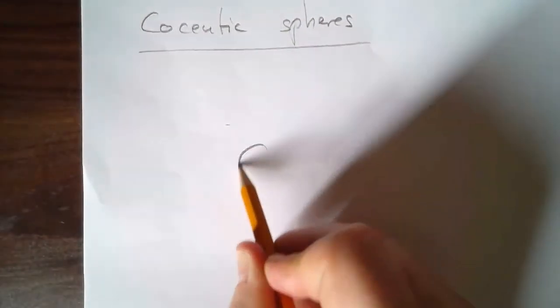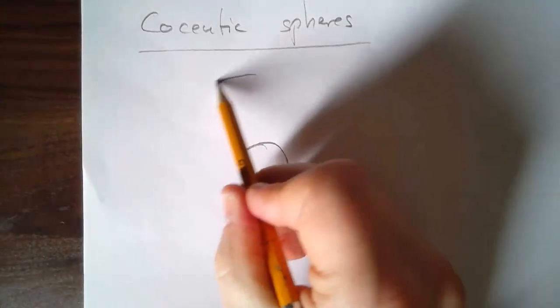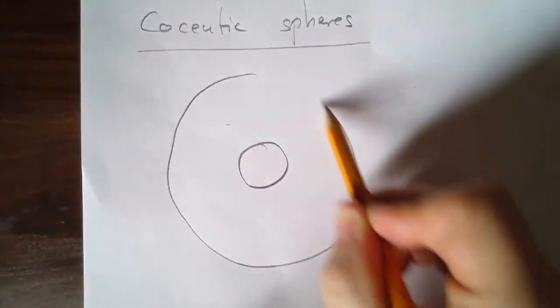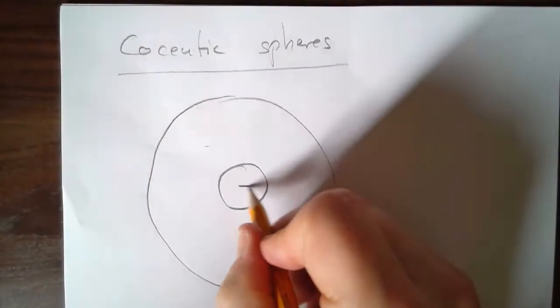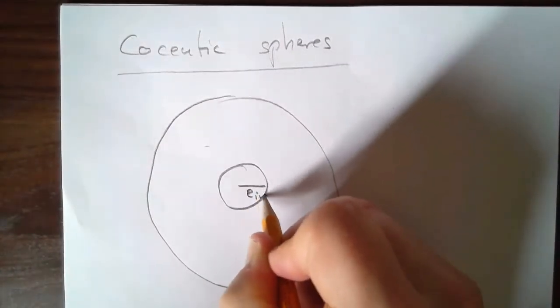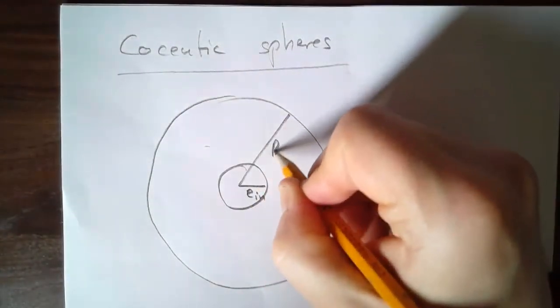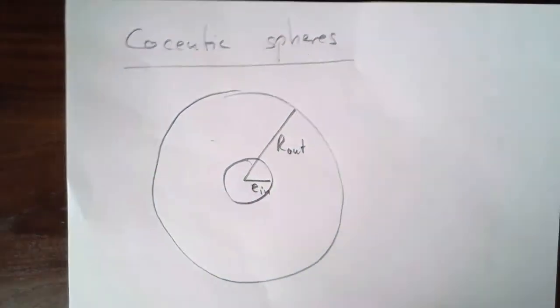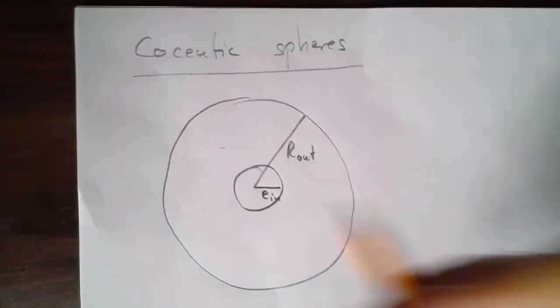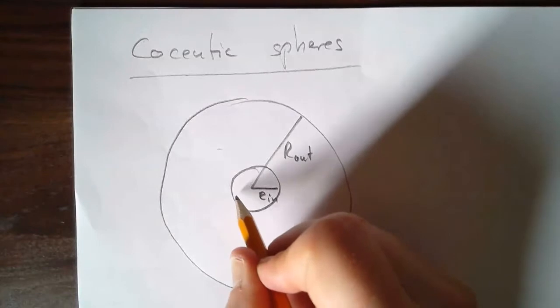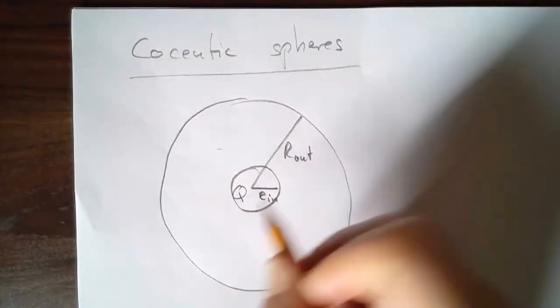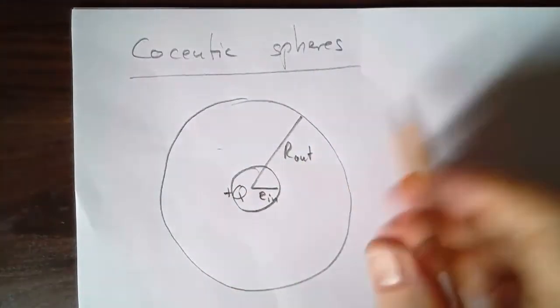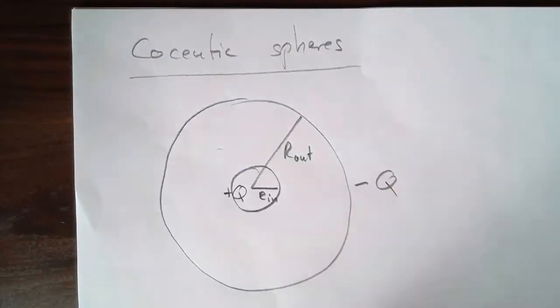But maybe you can suspend it from some insulating wires from the outer sphere or something like that. But what you have is an inner sphere, an outer sphere, and the inner sphere has some radius r inner, the outer sphere has some radius r outer. Let's assume the inner sphere has a total charge plus Q, the outer sphere has a total charge minus Q.